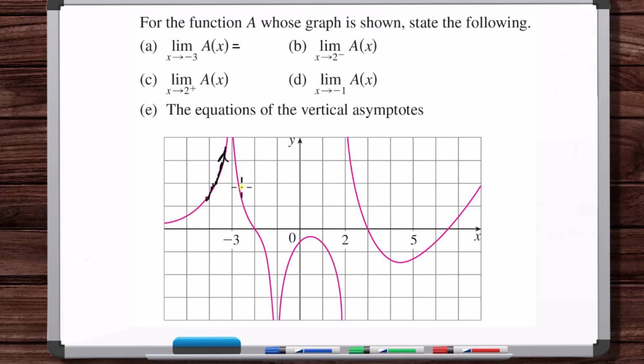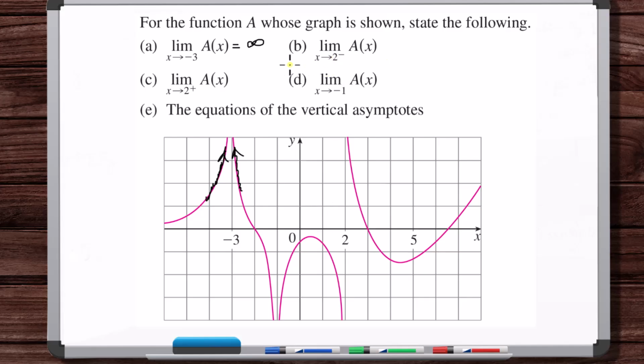Now, same idea coming from the right side of minus 3. As x approaches minus 3 from the right, the function is also approaching positive infinity, so this is positive infinity.